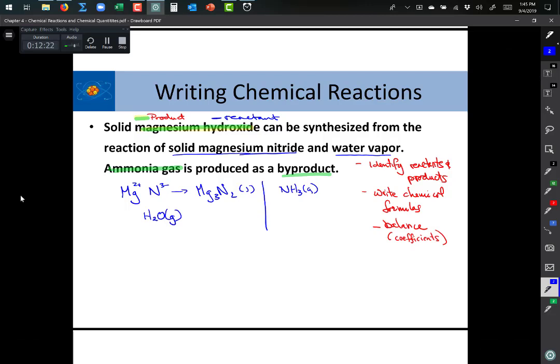And then, let's see, what else? Magnesium hydroxide. So it's Mg2 plus again. And it's OH minus. So what's that formula going to be? Mg(OH)2, yeah. Like that.